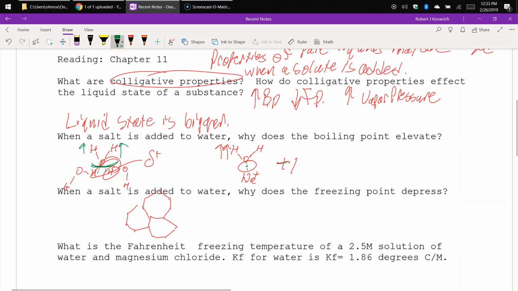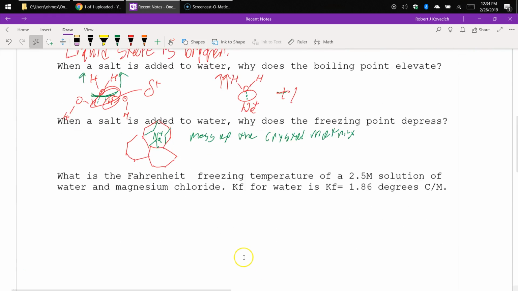If I put a sodium in here, all of the oxygens are going to flip themselves around to face the sodium. And when they do that, that's going to mess up the crystal matrix. So a solid is an organized structure, and now that the crystal matrix structure has been messed up, it's liquid.